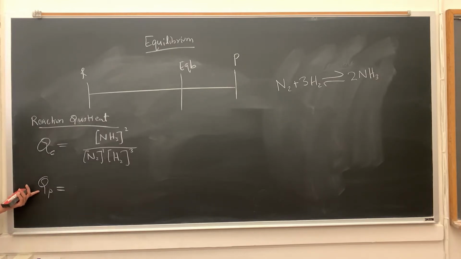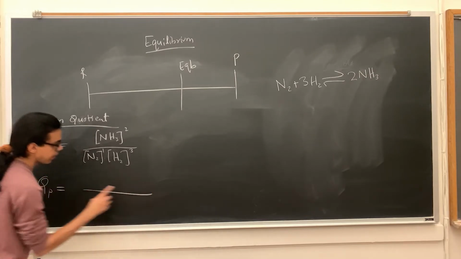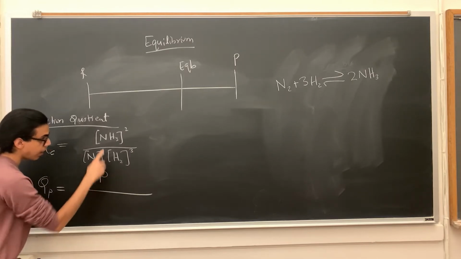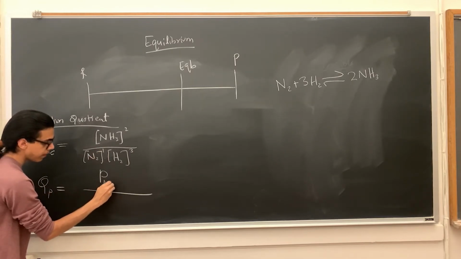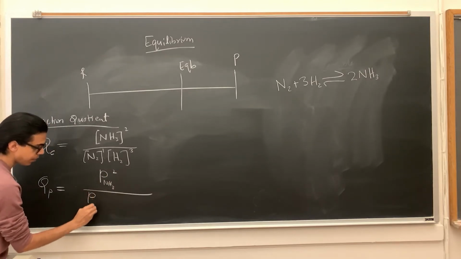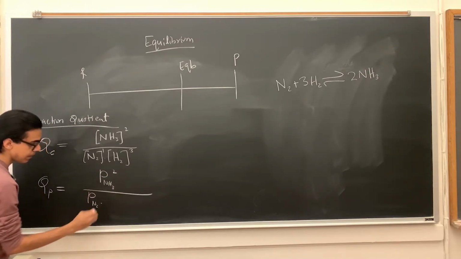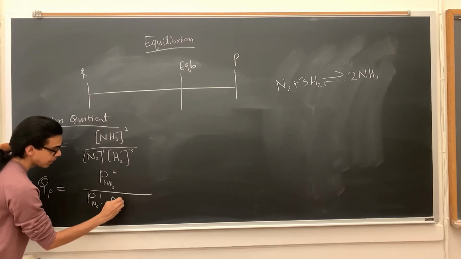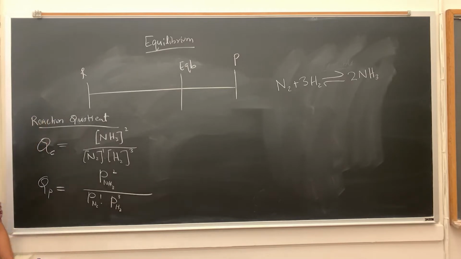If you want to write the same thing in pressure terms, the pressure of NH3 is denoted by P sub NH3, just notation, but it's the same idea. Products on top, this time we're doing pressure, so the pressure of NH3 to the power of 2 divided by the pressure of N2 to the power of 1 times the pressure of H2 to the power of 3.